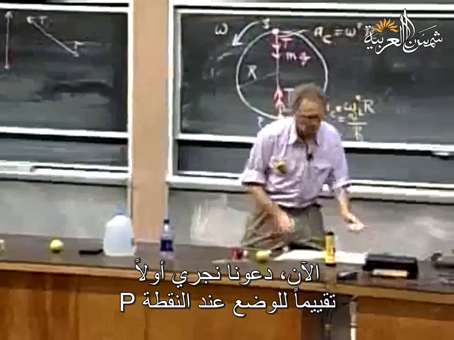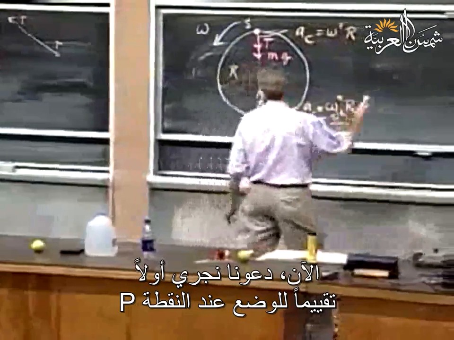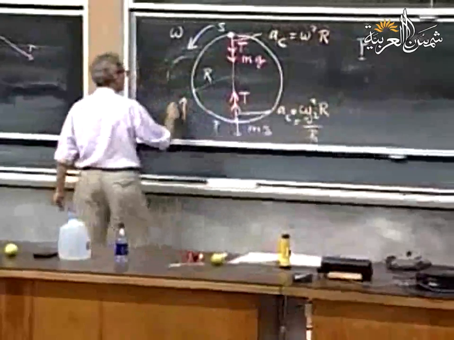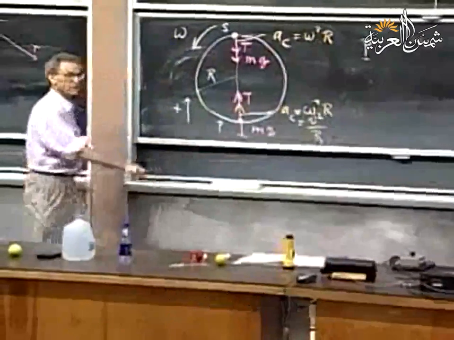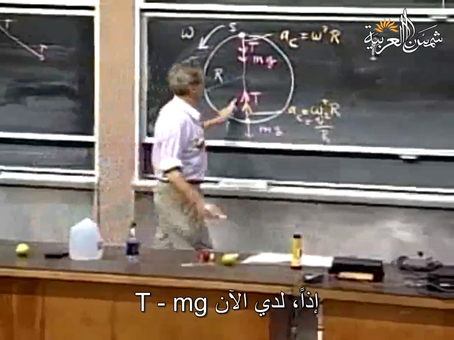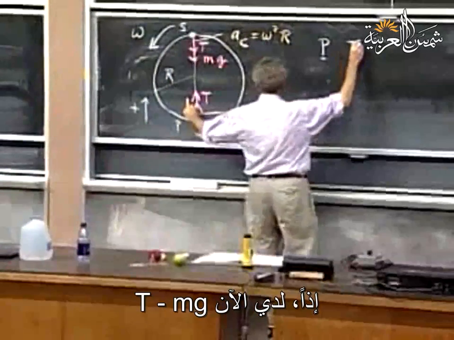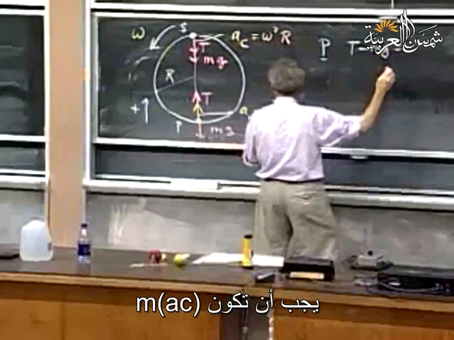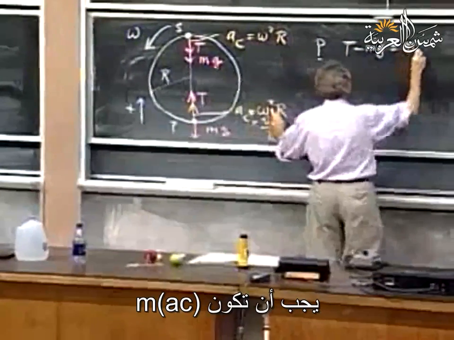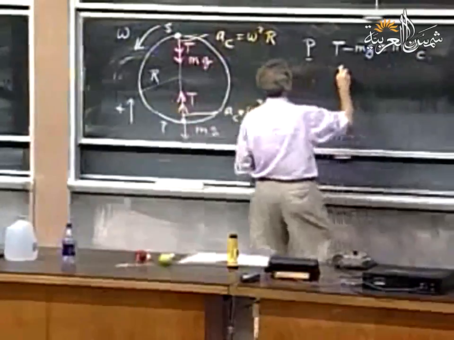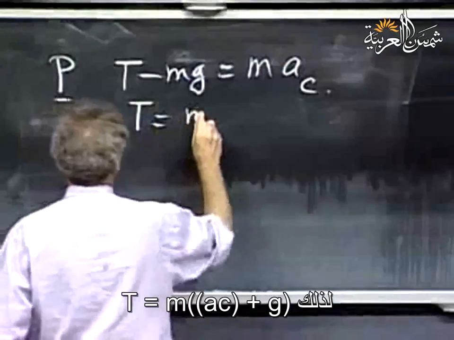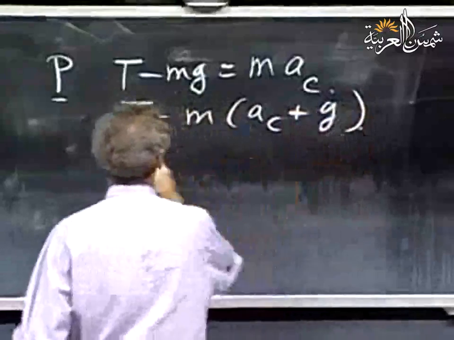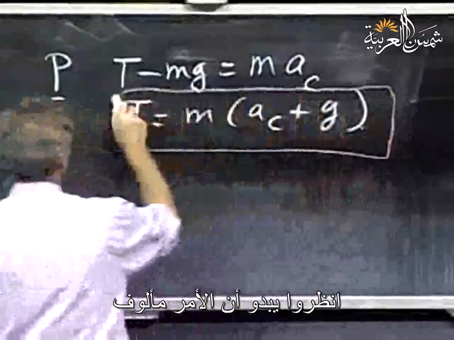Let's now evaluate first the situation at P. I will call this plus, and I'll call this minus. So what I get now is that T minus mg must be m times the centripetal acceleration. So T must be m times the centripetal acceleration plus g. Hey, that looks very familiar.